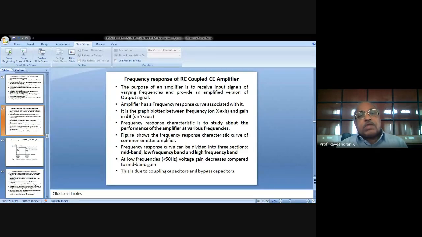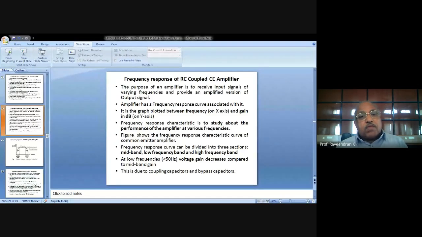What is meant by frequency response characteristic? For every amplifier, there is a frequency response characteristic. Whether an amplifier can be used for a particular application is entirely decided by its frequency response characteristics. As we know, an amplifier is supposed to handle AC signals. AC signals have frequencies, isn't it?